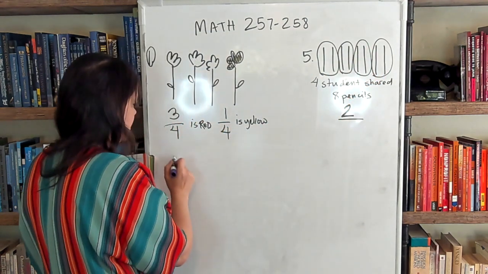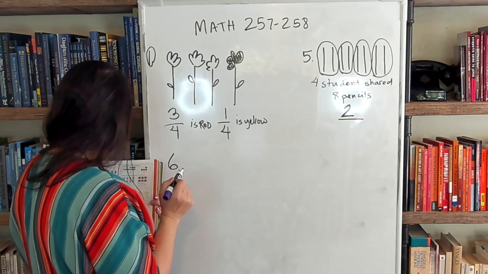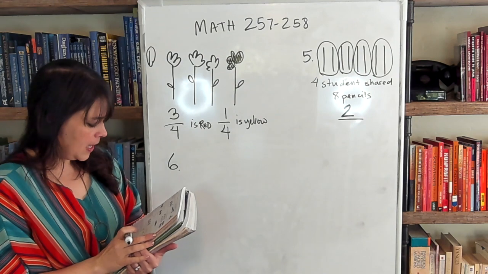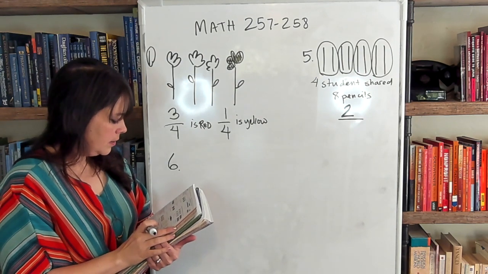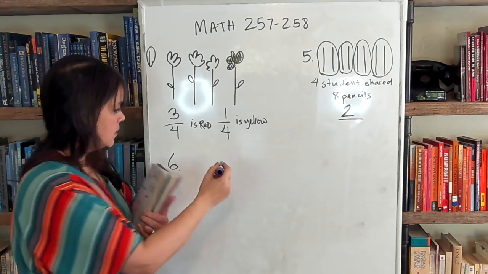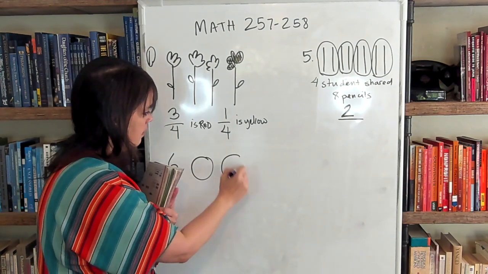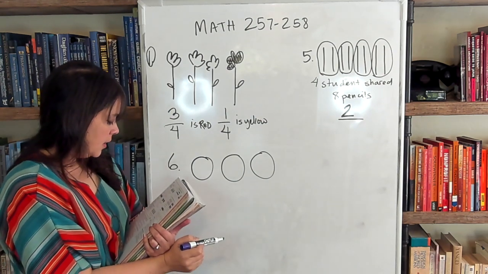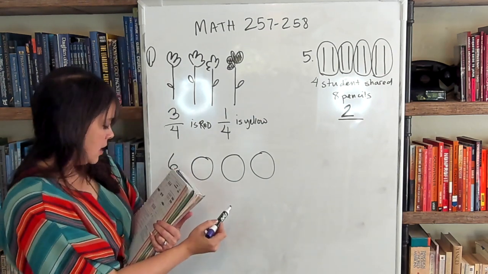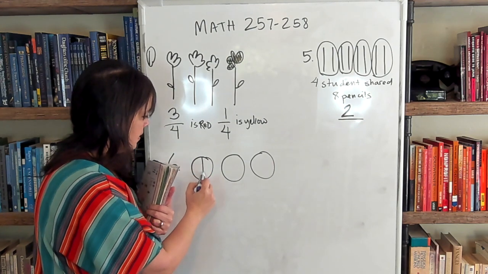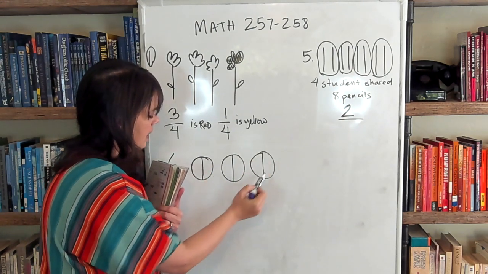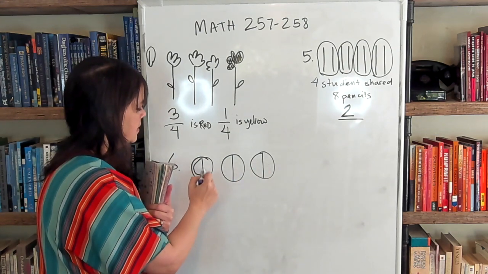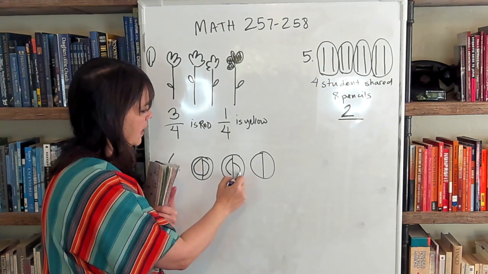Number 6 asks you to imagine friends sharing a funnel cake, okay? So how many funnel cakes are there? Oh, it's not 3 funnel cakes, it's pieces of funnel cake. So 6 pieces of funnel cake. 1, 2, 3, 4, 5, 6 on the plate. 6 little pieces on the plate, okay?